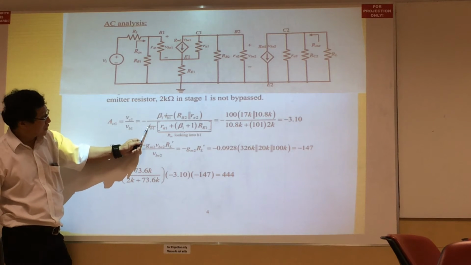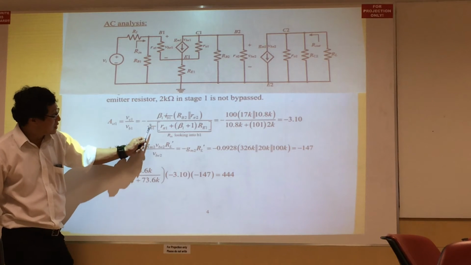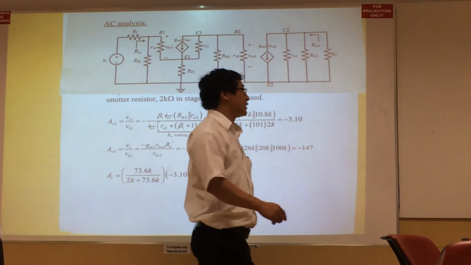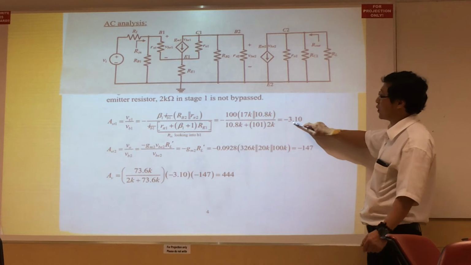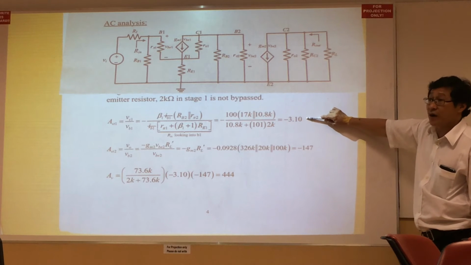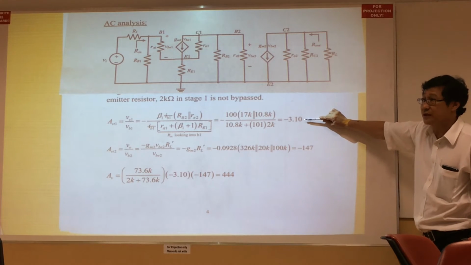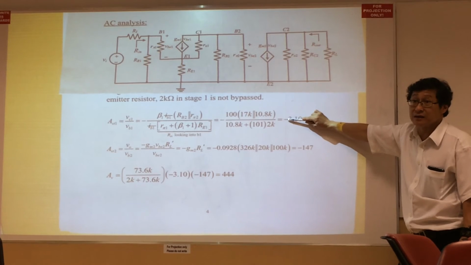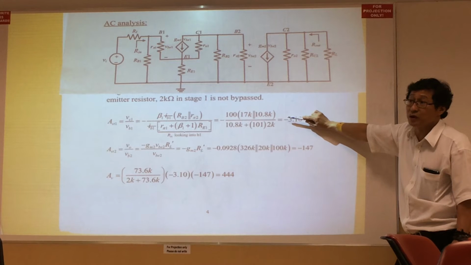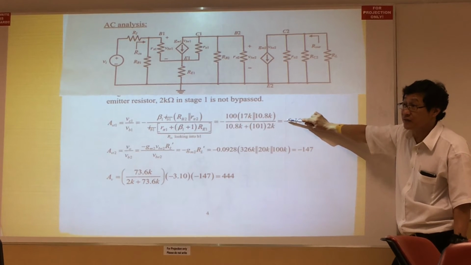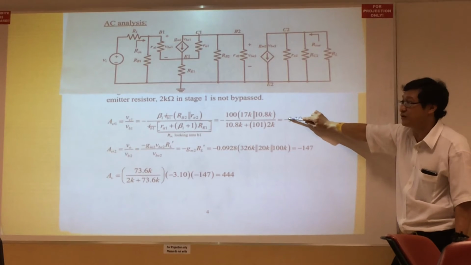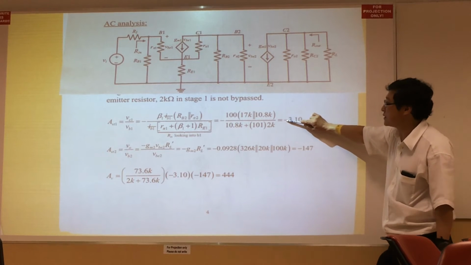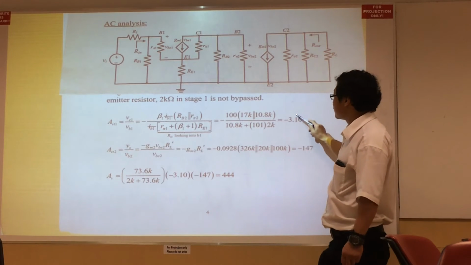When you cancel the base current and evaluate, you find that the gain is minus 3.1. Realize that the gain is not high, it's very low, only 3. The minus shows that this is an inverting amplifier. Between the base and the collector there is an inversion, a 180-degree phase difference, so there's a minus here. And the gain is not high.